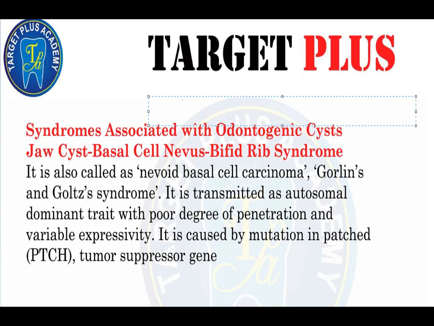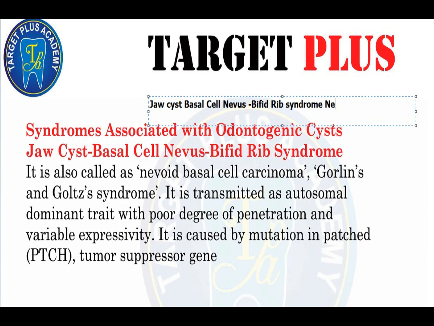So revising the points again, it is also known as nevoid basal cell carcinoma, Gorlin and Goltz syndrome, and it is transmitted as an autosomal dominant trait. The gene involved is the PTCH tumor suppressor.